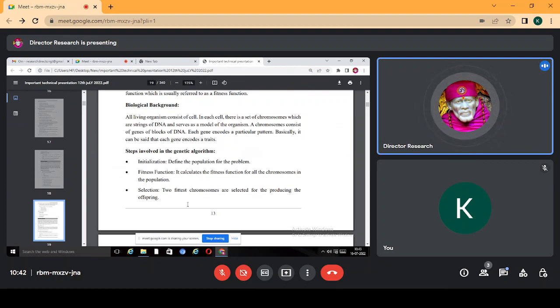A chromosome consists of genes, which are blocks of DNA. Each gene encodes a particular pattern. Basically, it can be said that each gene encodes a trait.